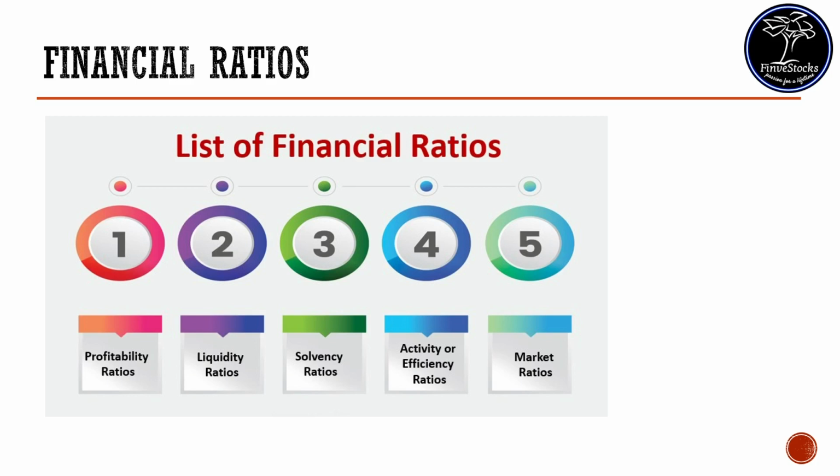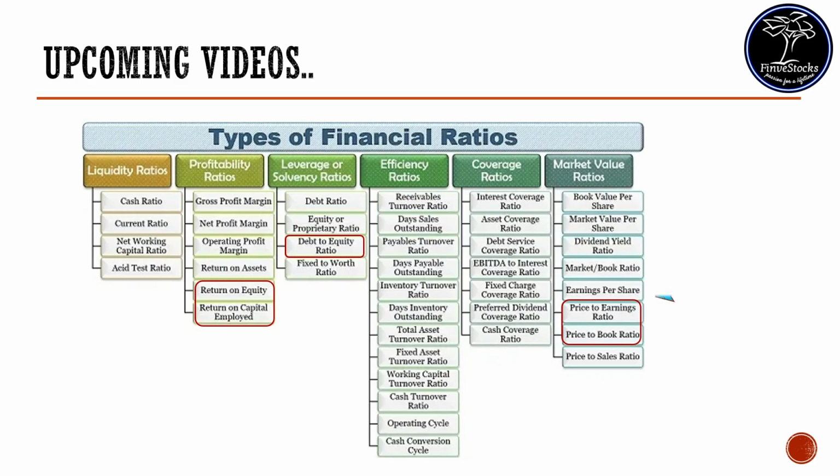Some of the important financial ratios are price to earning ratio, price to book ratio, ROE, return on equity, ROCE, return on capital employed, debt to equity ratio. All these are very important ratios which can be derived from the annual report. In our upcoming videos, we will go deep into all the financial ratios and we will have a good understanding about them, which will help you to understand and analyze the stocks for better investment purposes.